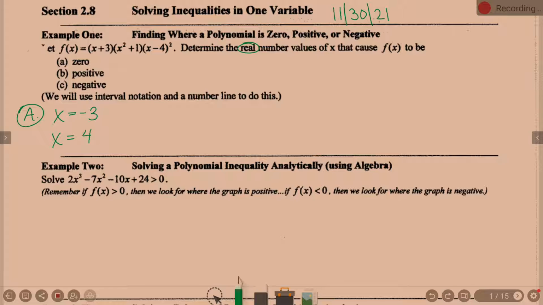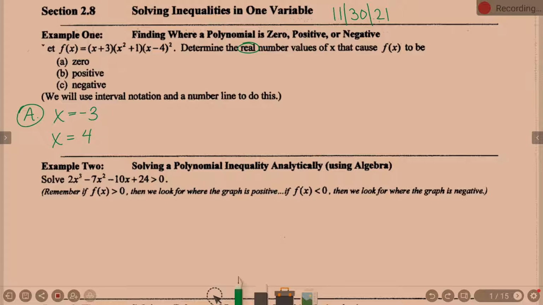What about x squared plus 1? What happens when you set x squared plus 1 equals 0? Subtract 1 over. x squared equals negative 1. Take the square root. Square root of negative 1, which is i.